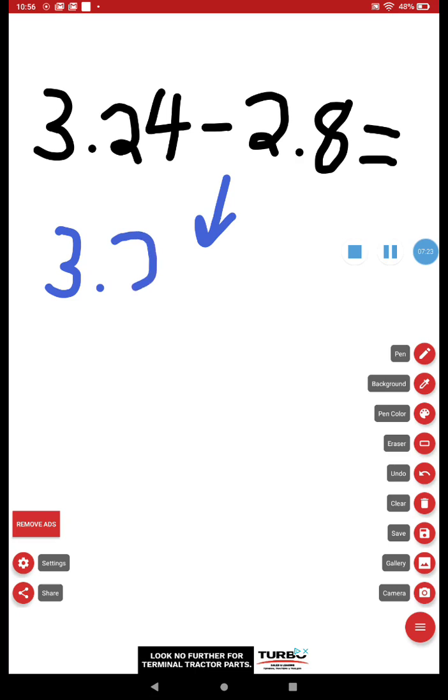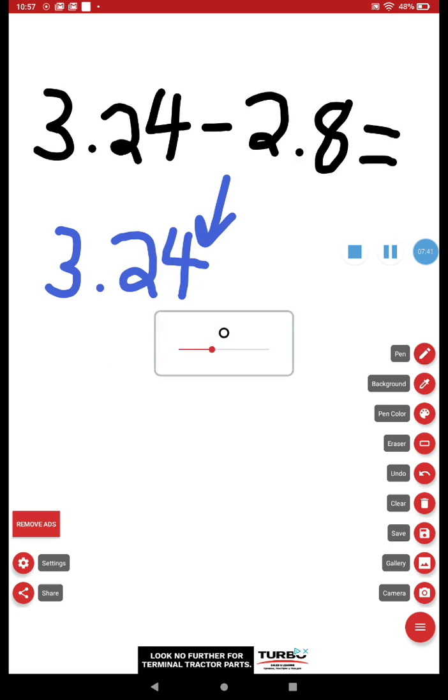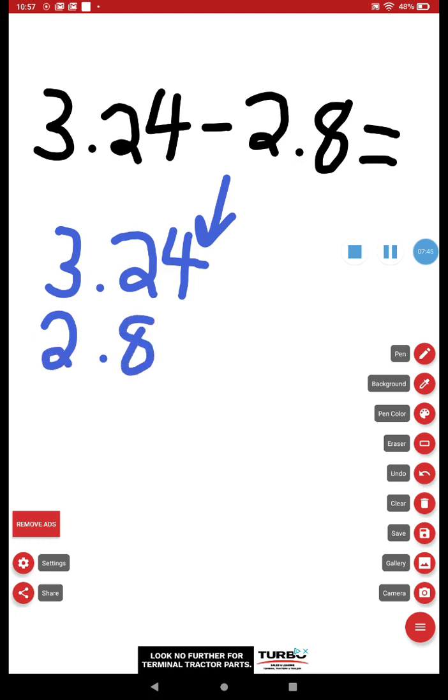First number comes on top. Do I write it like this? No, I have to line up that decimal point. So I line up the decimal point, put my 2 and 8 around it, put my subtraction bar.